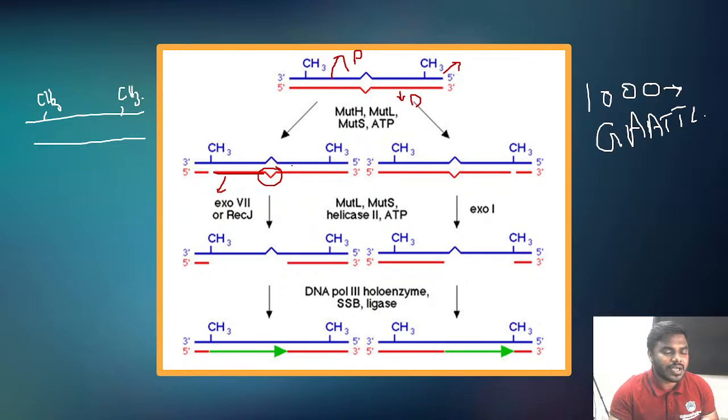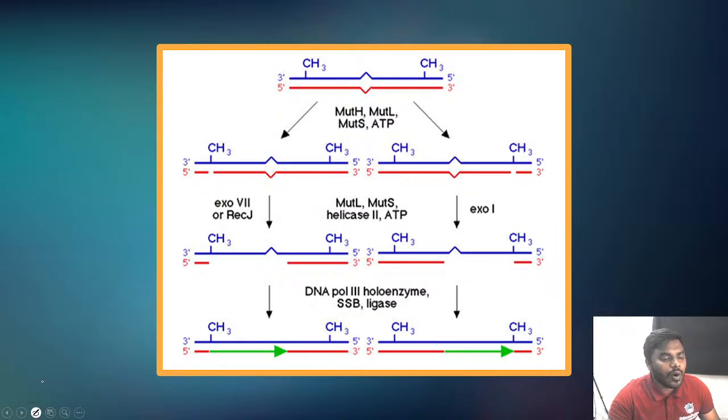If we want to repair the daughter strand, listen carefully: first of all, the mismatch repair enzyme has to differentiate which is the parent strand and which is the daughter strand. If they don't differentiate, they can't do the repair. Simple point. So now the question is, how do they differentiate?